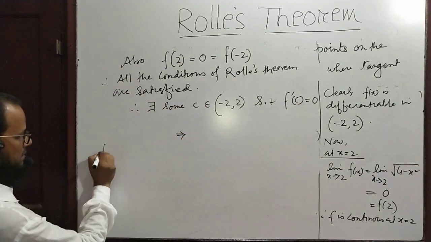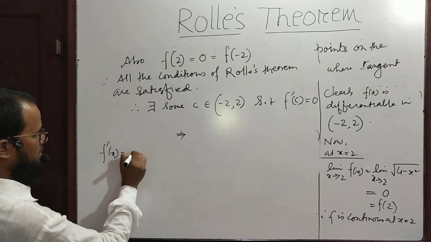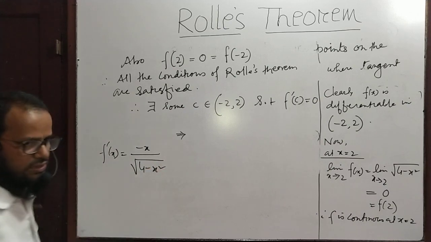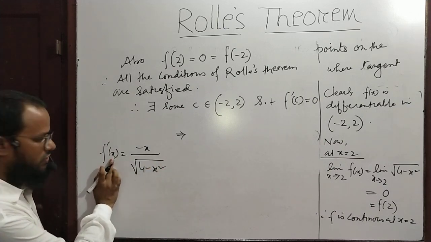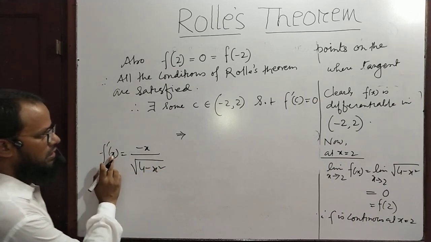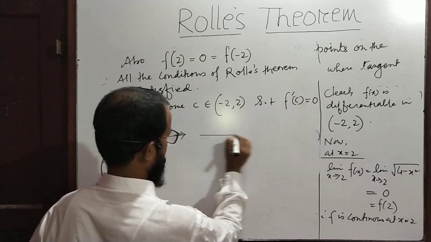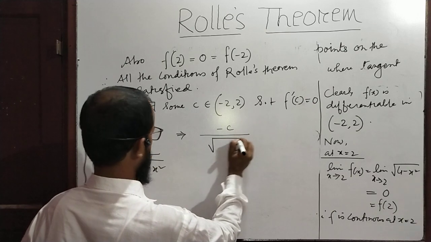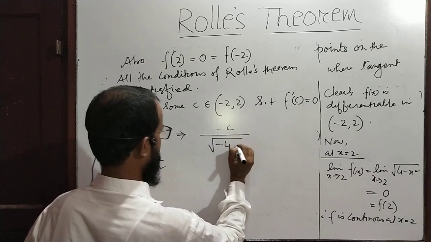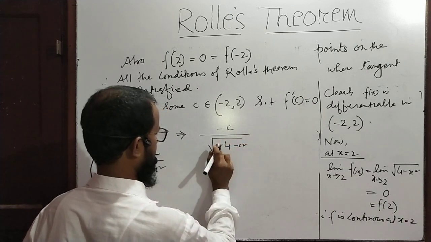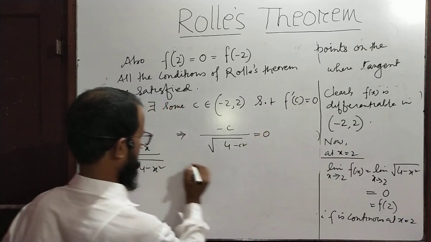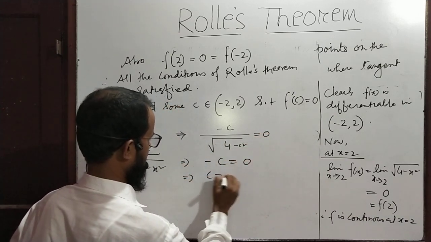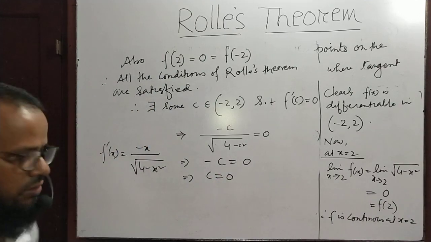Your f dash x was minus x by root over 4 minus x square. Then what will be f dash c? Replacing x by c, f dash c will be minus c by root over 4 minus c square equal to 0, which implies minus c equals 0, so c equals 0.